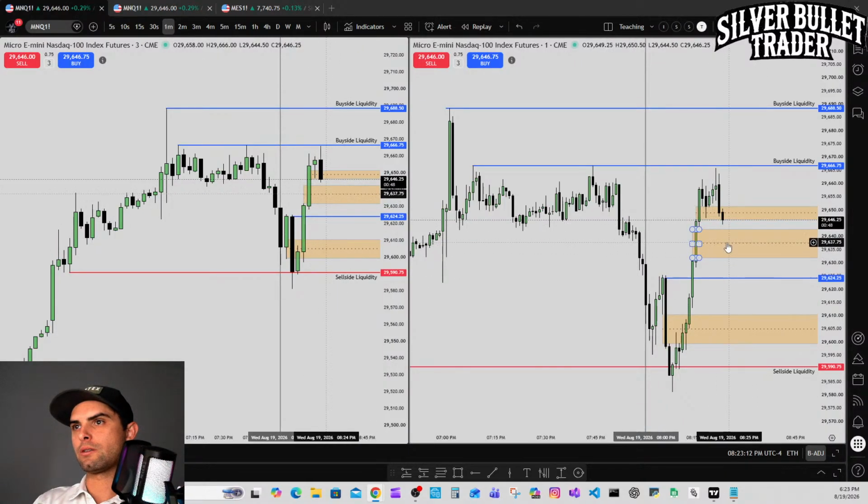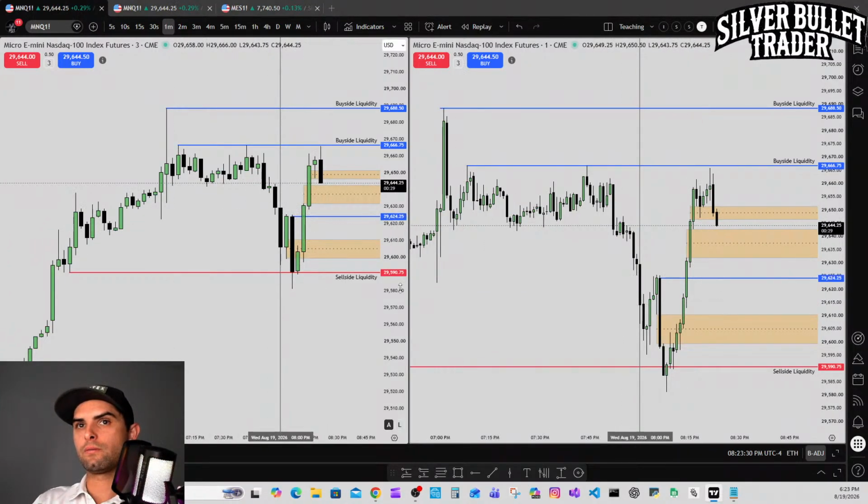It can come down into this level. Even if it comes down into here, I wouldn't be interested in taking a trade if it hits this level. If it wants to leave this level untouched, that's okay with me. We never entered into anything.